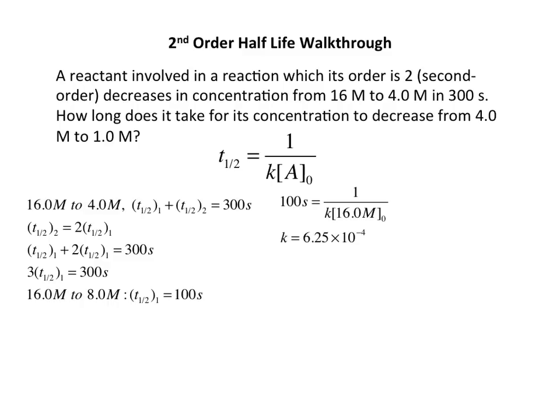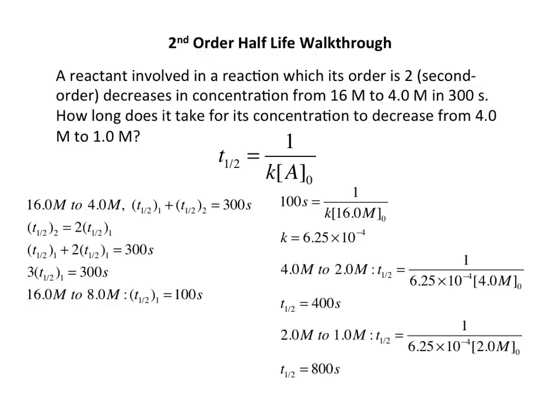So if we go back to our half-life equation, we can substitute in 100 seconds for our t1/2 and 16 molar for our initial concentration. And then, if we solve for k, we get our rate constant equals 6.25 times 10 to the negative 4th. Now that we have the rate constant, we can use the rate constant and initial concentration to find the half-life for the decay of 4 molar to 2 molar.